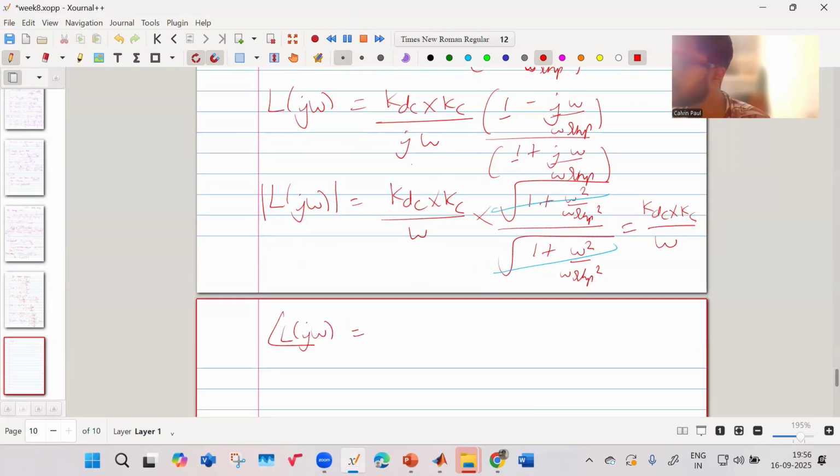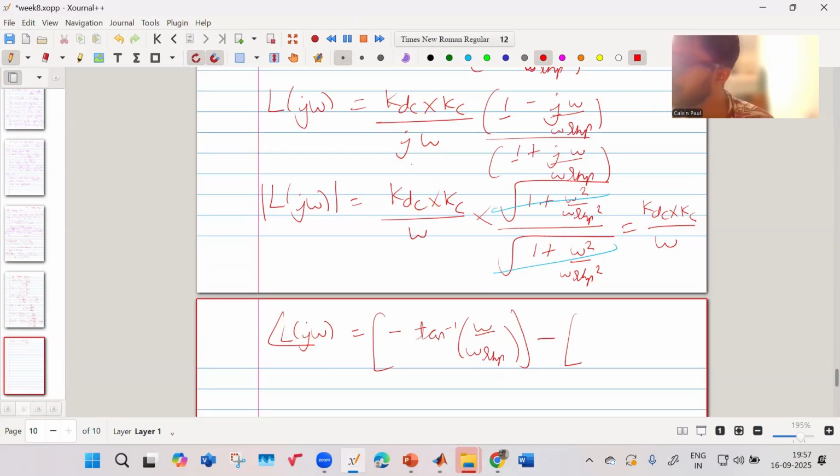So what is your angle of L of j omega? You first write the numerator angle. Since this is minus, we put a minus tan inverse of omega upon omega RHP.